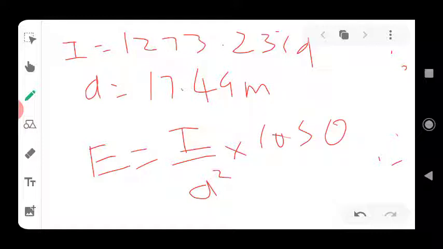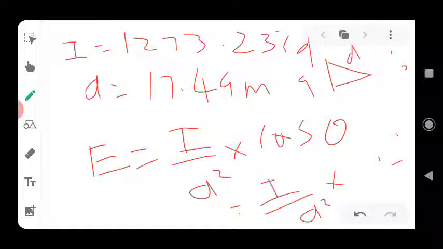So we need to find out what cos theta is. Cos theta is equal to adjacent side by hypotenuse side. We know this one is 9 meter, this one is D, this one is 15, and we don't know this angle theta.